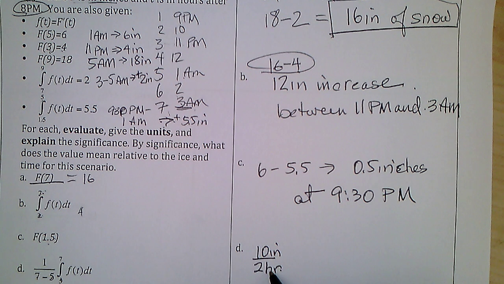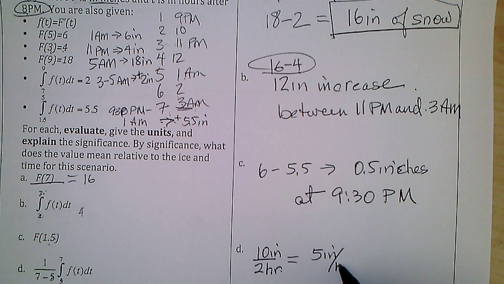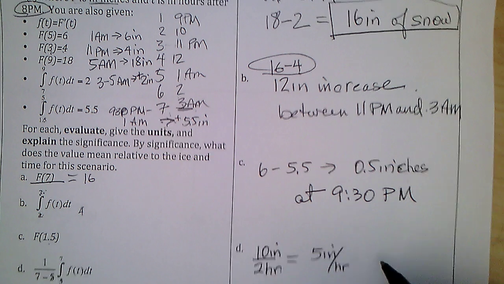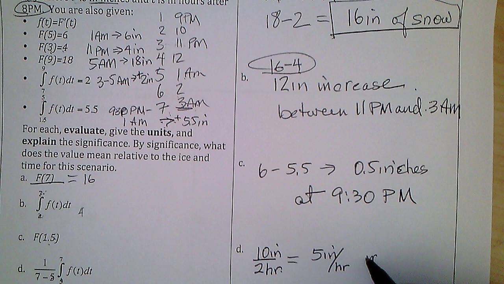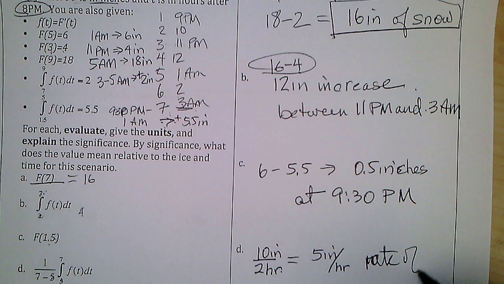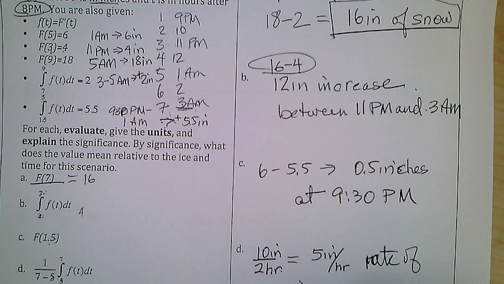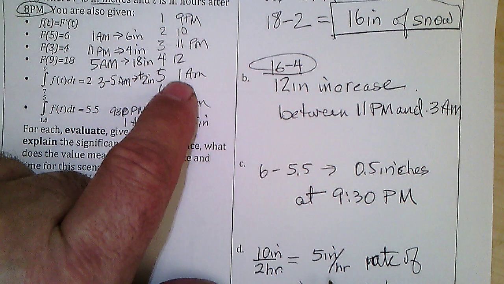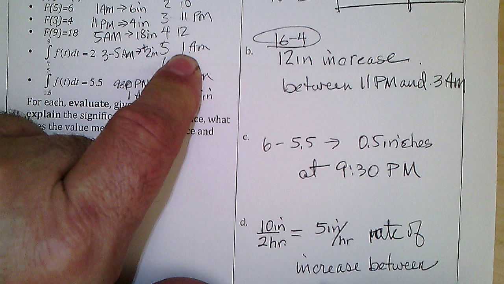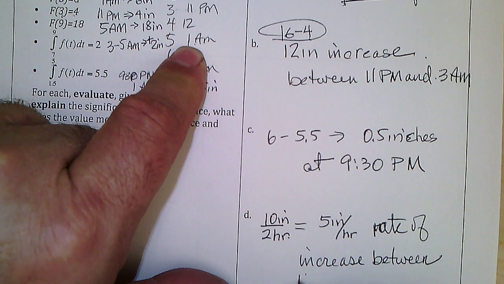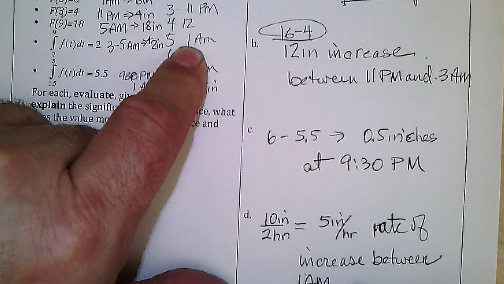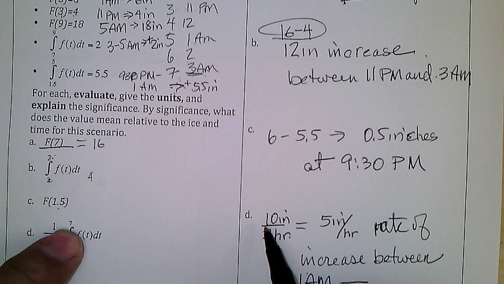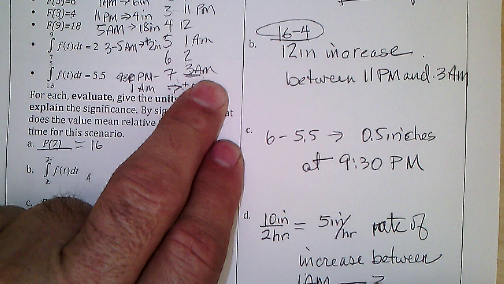So 10 inches in 2 hours, which is 5 inches per hour, is the rate of increase between 5, which is 1 a.m., and 7, which is 3 a.m.